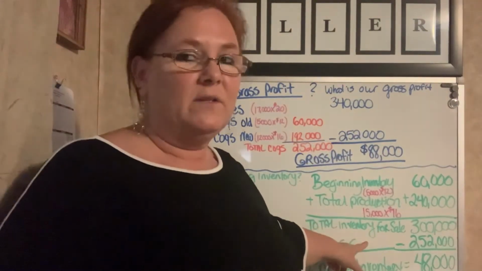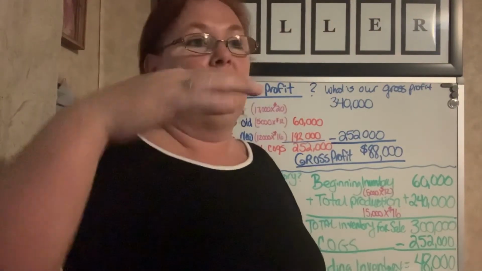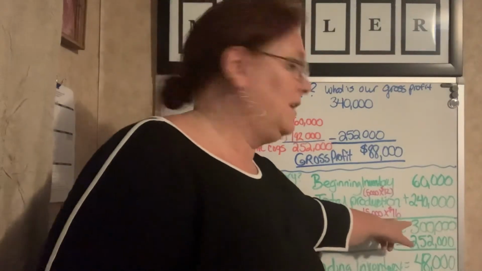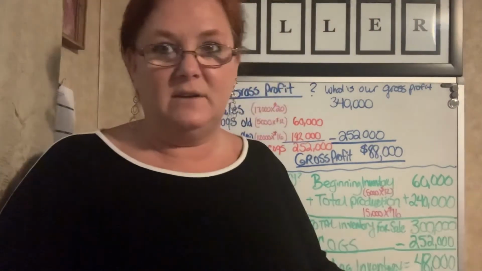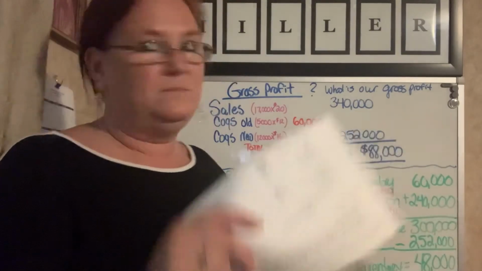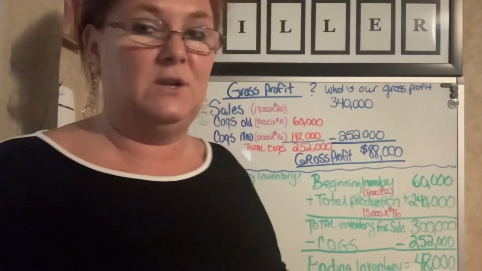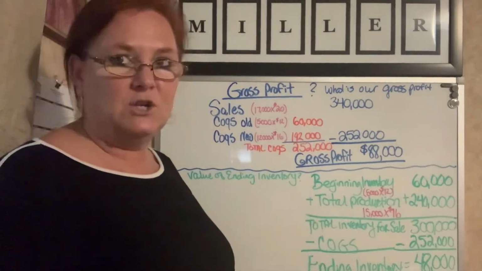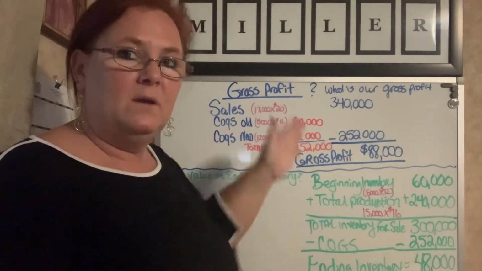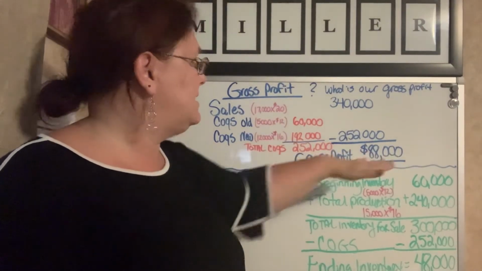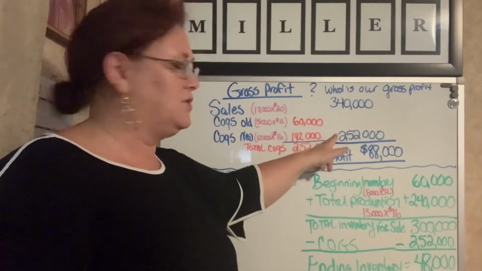And then we calculated cost of goods sold, subtracted that from the cost of goods available for sale, and you got your ending inventory. So this is just a little shifting in a different way, same information, just a little bit of different presentation. So those are both of them, completely separate, but one depends on the other's number.